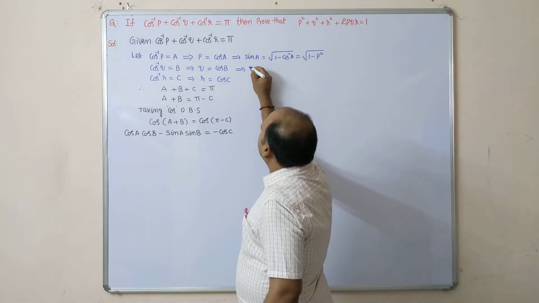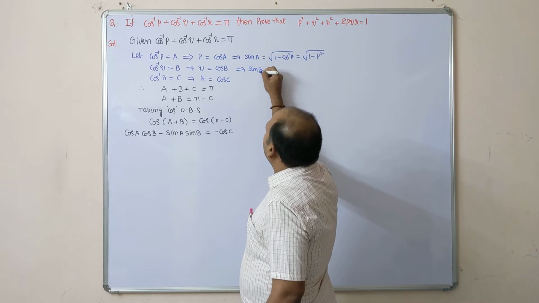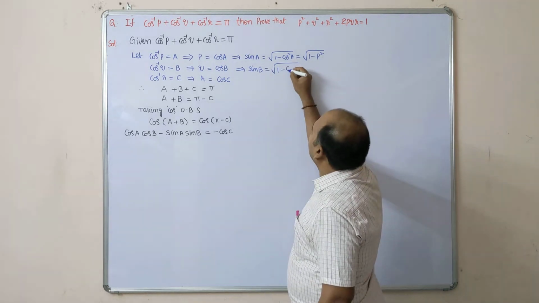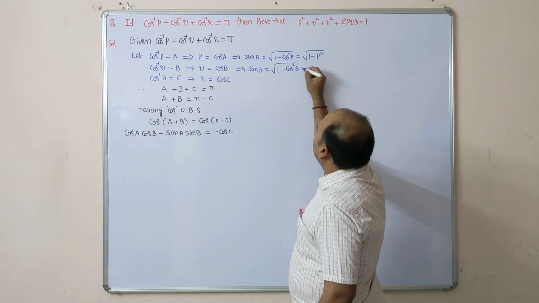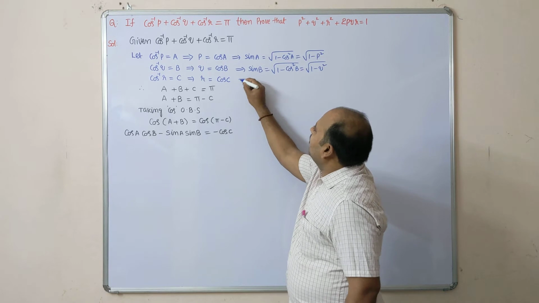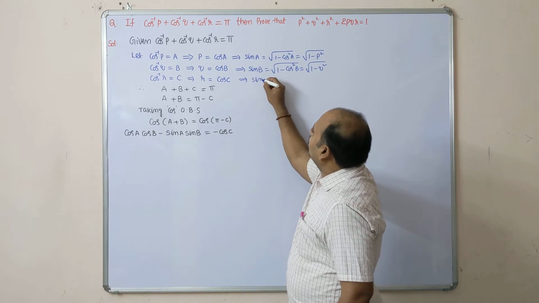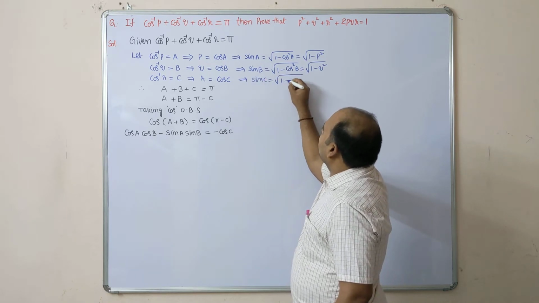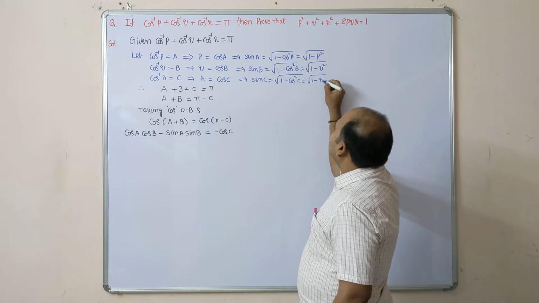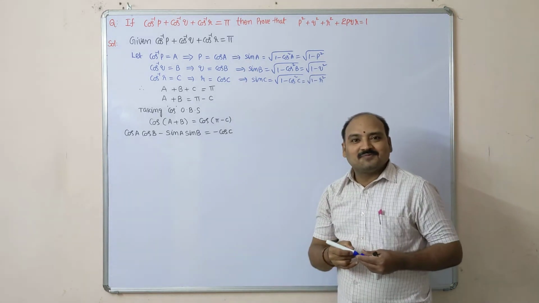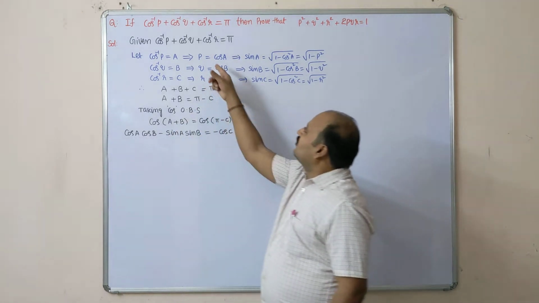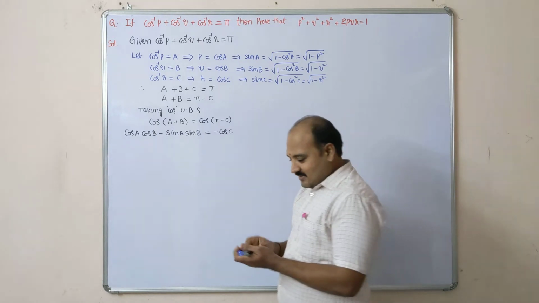Similarly, sin B equals square root of 1 minus cos square B, that is equal to square root of 1 minus Q square. That implies sin C equals root over 1 minus cos square C, which is root 1 minus R square. So what is the purpose of writing this? Substitute cos A cos B values, dear students.